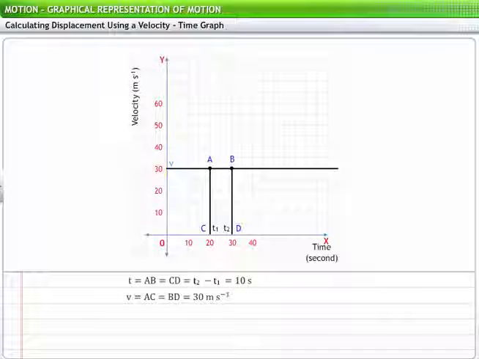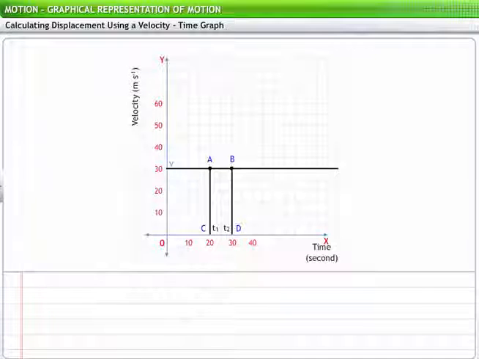By definition, the velocity of an object is the ratio of displacement to time. Therefore, we can say that displacement is the product of velocity and time taken. Substituting v and t in the expression, S = vt, we get S = AC multiplied by AB.